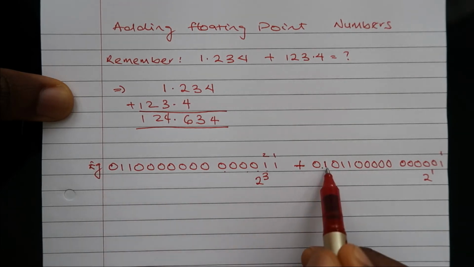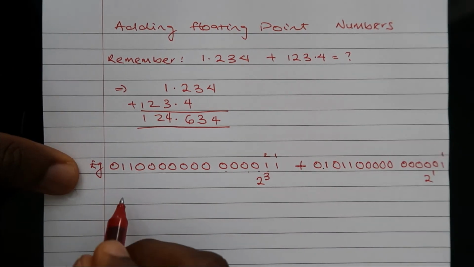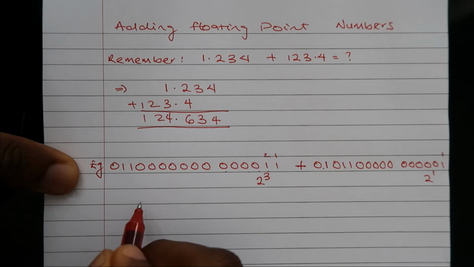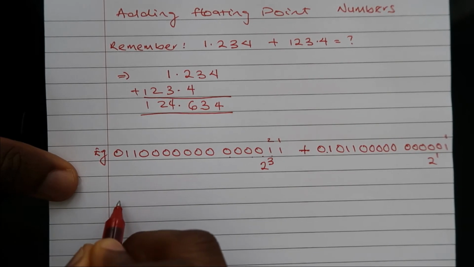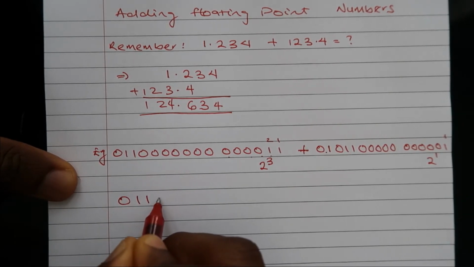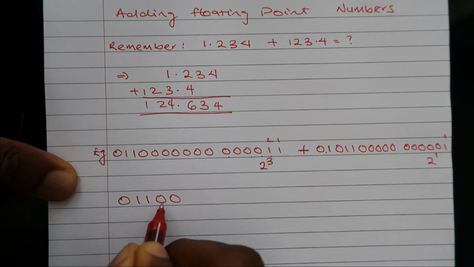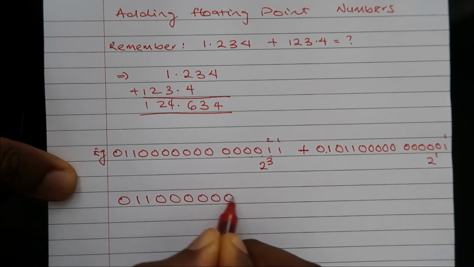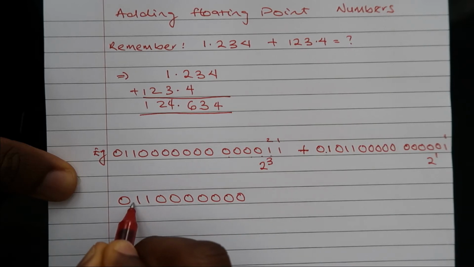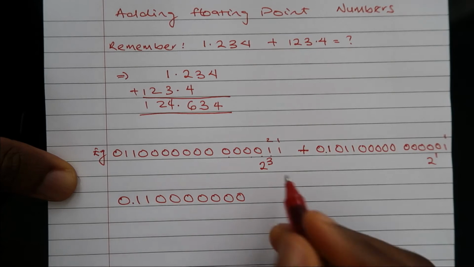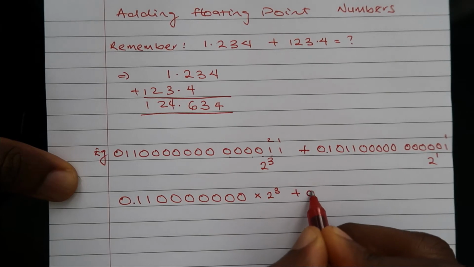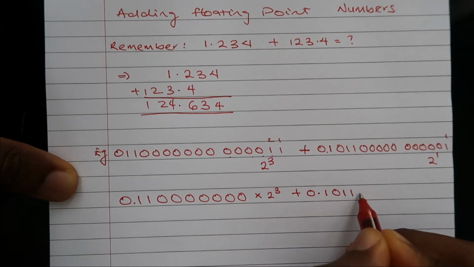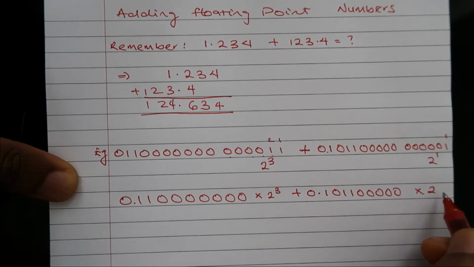So technically speaking, if I write it down again, we have the first mantissa with the radix point here, times 2 to the power 3, plus the second mantissa, 0.1, and so on, times 2 to the power 1.